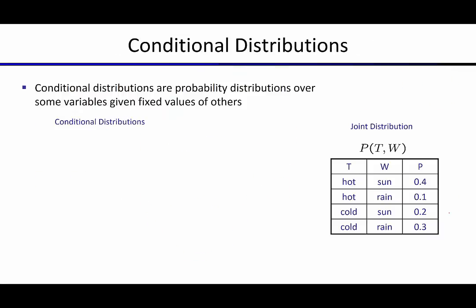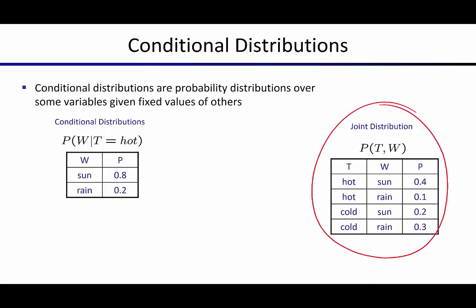Now that we know how to compute individual conditional probabilities, we can start computing conditional distributions. What that means is we condition on some variables taking on particular values. What is the distribution over the other variables? So here's our joint distribution.